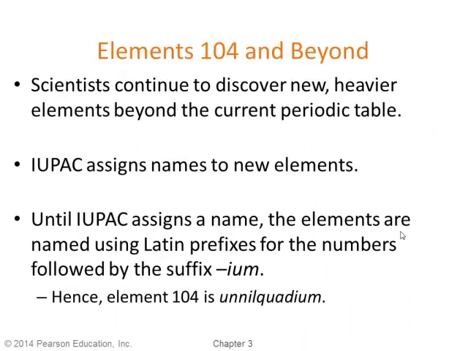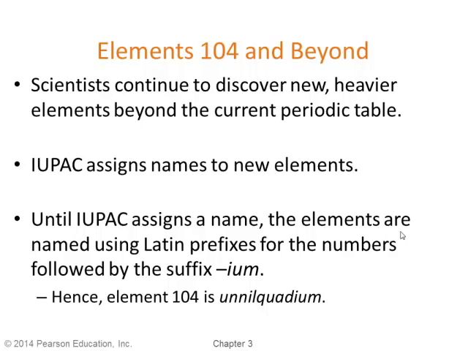Now, elements 104 and beyond continue the discovery of new heavier elements beyond the current periodic table. IUPAC is the international organization that assigns names to the elements. If you think you made a new element, you publish your procedure. Then scientists from around the world try to duplicate your procedure to see if they come up with a new element.